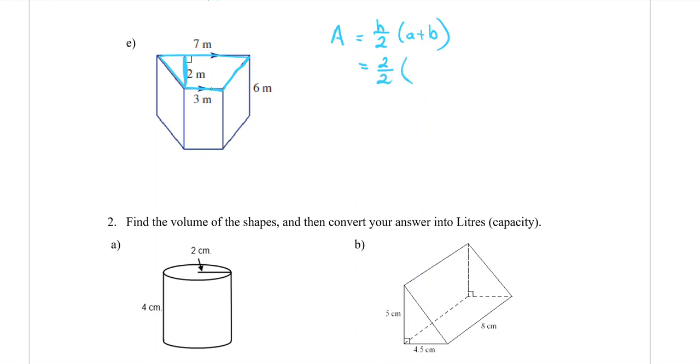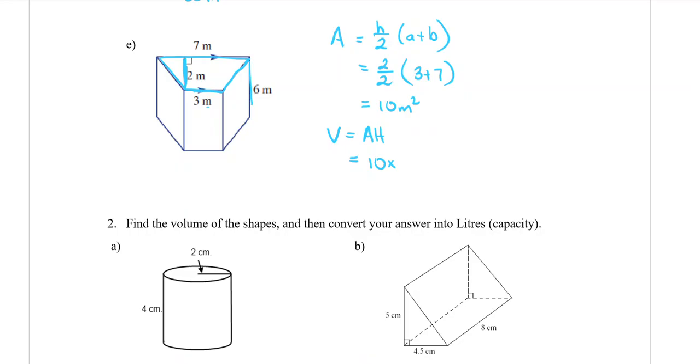Then the a and the b are the two parallel sides, which will be the 3 and the 7. All right, calculate that and you will get 10 meters squared. Then find the volume of the prism by doing V equals AH. The area is 10 and the height of the prism, which is the one going away from the trapezium, is 6. 10 times 6 is 60 meters cubed.